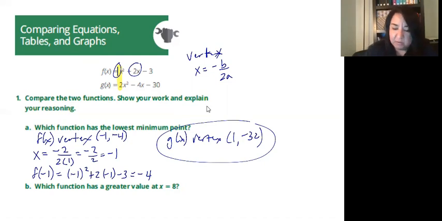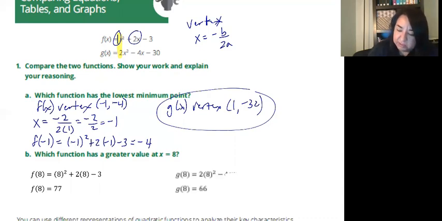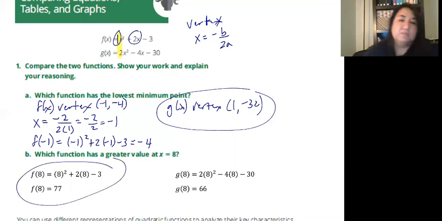What if I'm asked the question below? It says which function has a greater value at x equals 8? Algebraically, I can do what I just did before, which is finding f of 8. When x is 8, f of x produces 77 as the output. When I do that for g of x, the output is 66. So I can tell right away that f of x produces a greater value at x equals 8.